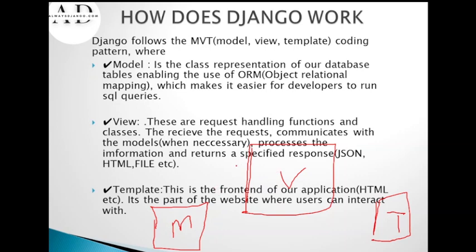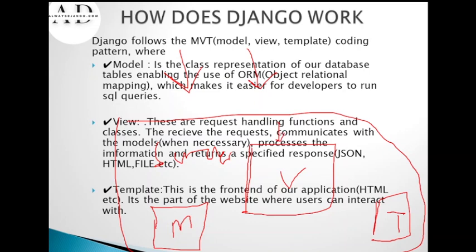Now the view is a request handler. Let's say this whole container is our server. When you go to the URL and press enter, the request is sent to the server, and it comes into this view. We say it is a request handling function or class, so this view can be a function or a class.